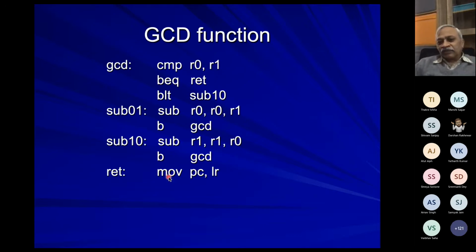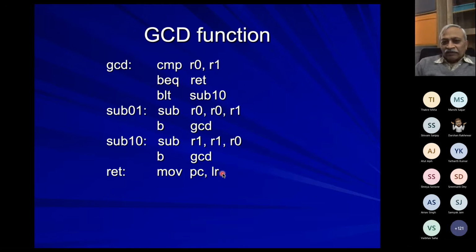Now imagine a processor where LR and PC were not part of the register file. They were dedicated registers. There you would need a specific instruction. In fact, some processors have an instruction called return. It's just called return, and from the dedicated register, which is the link register, the address is transferred to PC.